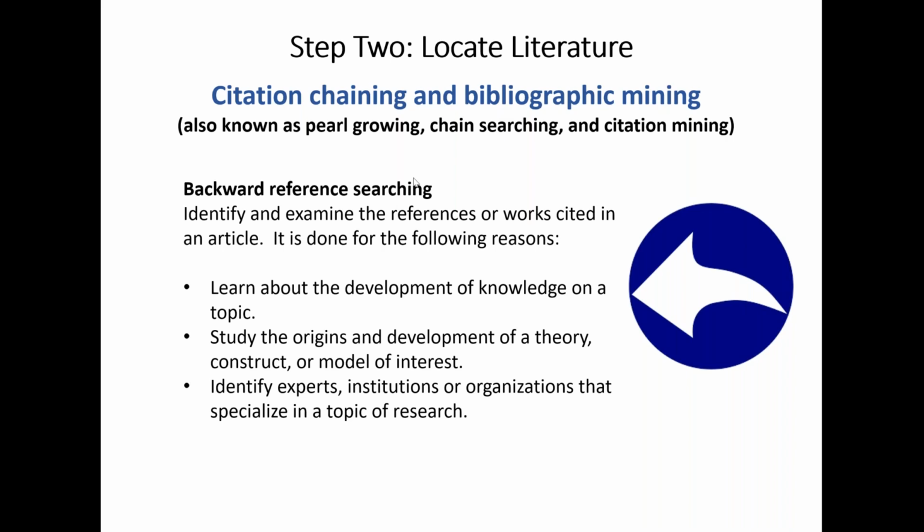I can show you what that looks like in a minute, but basically you're looking at the references, and that helps you learn more about the development of knowledge on a topic. So what are they referencing? Study the origins and development of a theory, or a construct or a model of interest. It's also really helpful to identify experts or institutions or organizations that specialize in that topic of research. So that's backward reference searching.